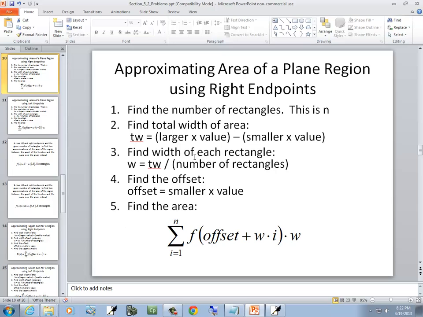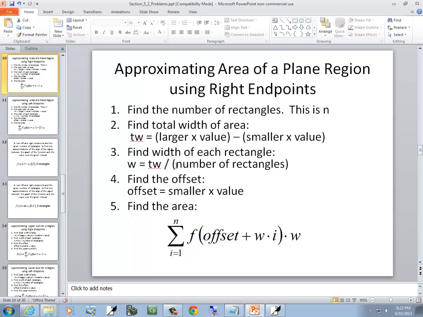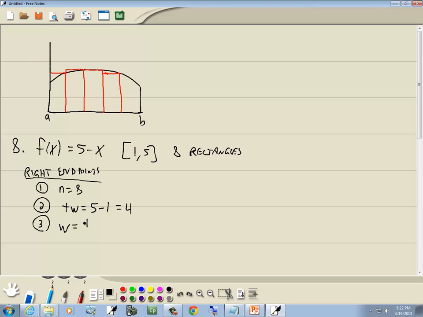Find the width of each rectangle. W is equal to TW divided by the number of rectangles, so TW divided by N. So we're going to have 4 divided by 8, which gives us 1/2.